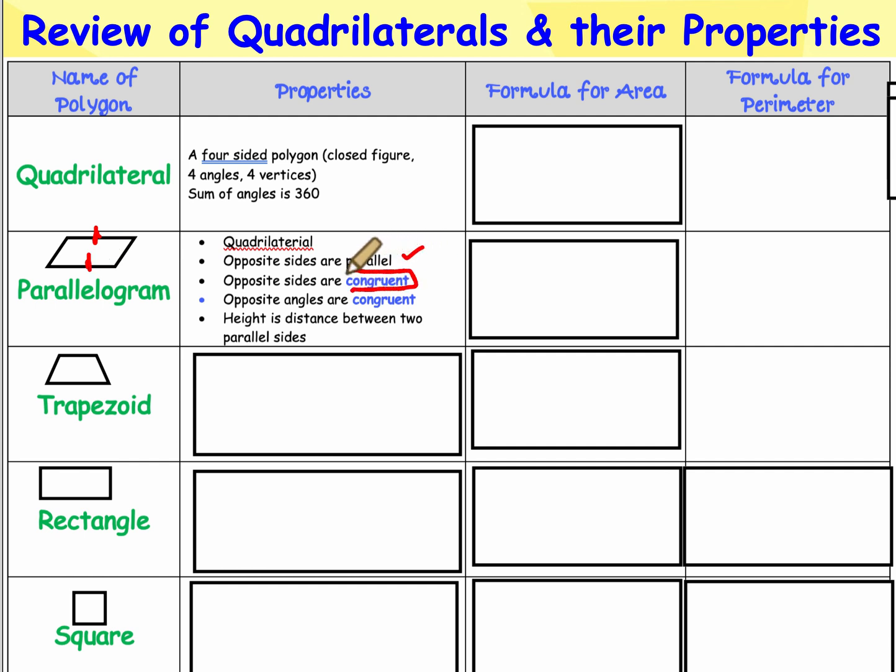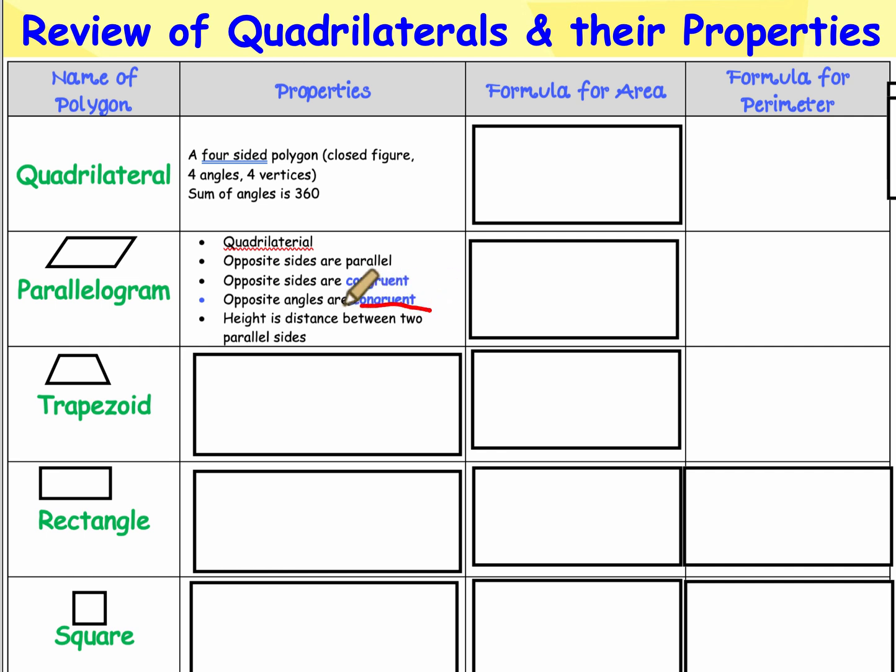If you're not familiar with that word, congruent means exactly the same length, same shape, same size. It also has opposite angles that are congruent. When we're talking about opposite angles, we mean like this corner here and that corner here, they have the same angle measure. And this angle here and this angle here have the same angle measure.